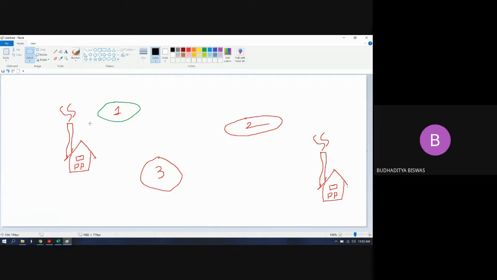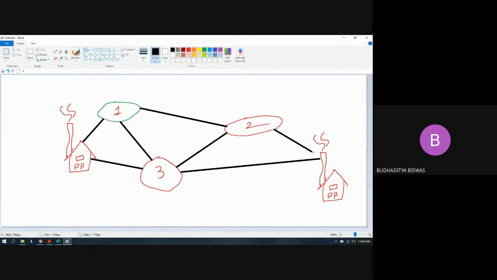All these things are interconnected, from this one to this one, everything is interconnected here.